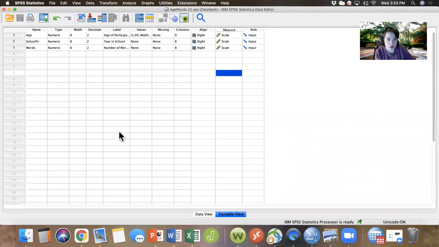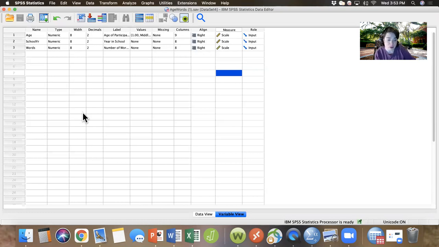Okay, so for our particular example for this tutorial, we're going to be looking at a data set from an experiment where the researchers were trying to test the hypothesis that older participants as compared to younger participants would be able to remember more words than younger participants.